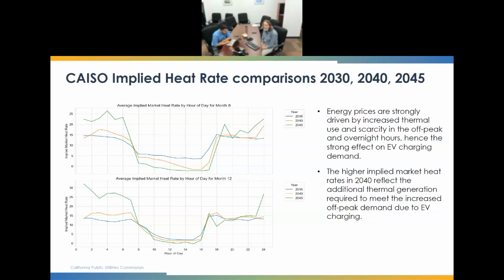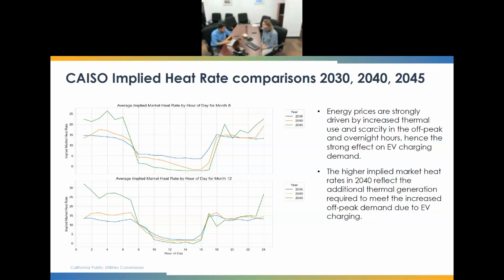The green is 2045, and the orange is 2040. You see those high in-play rates, and the extremes are either early or late at night. That's driven by the EVs, which require additional thermal generation. That's why you see the increased price, and that's reflected in the in-play rate.